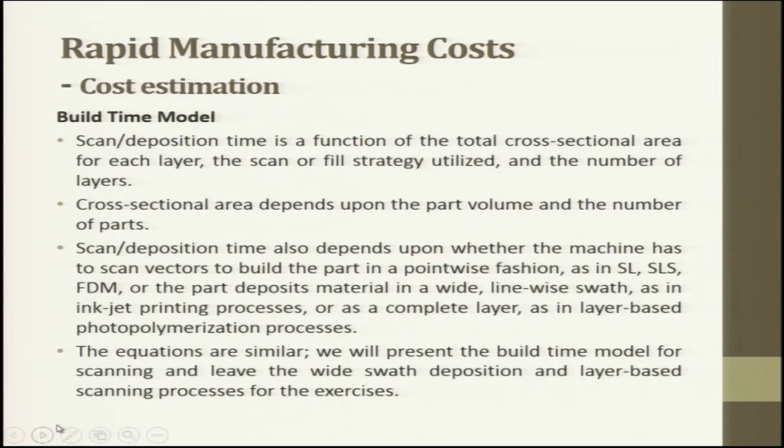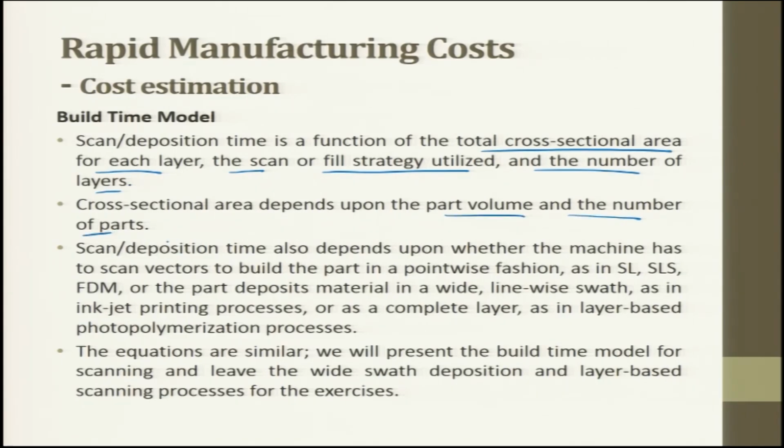Now, scan deposition time is a function of the total cross section area for each layer, the scan or fill strategy utilized, and the number of layers. Cross section area depends upon the part volume and the number of parts.